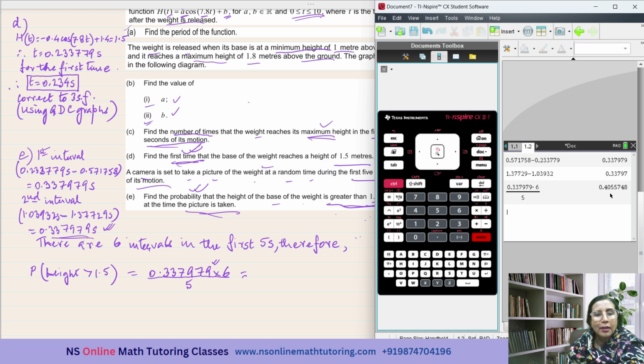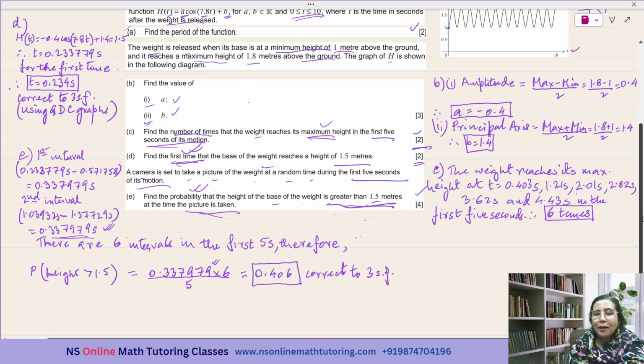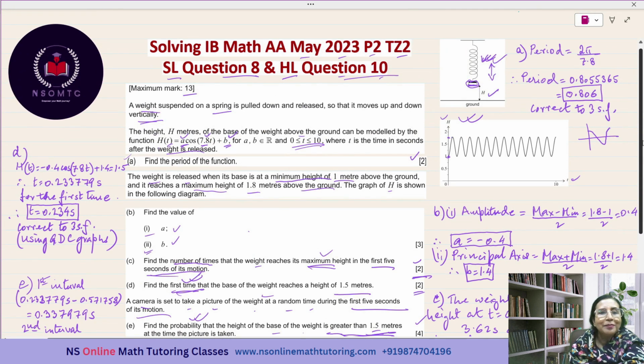This is the final answer, so I'm giving it up to 3 significant figures directly. 0.406, correct to 3 significant figures. So this completes our answering of this question.